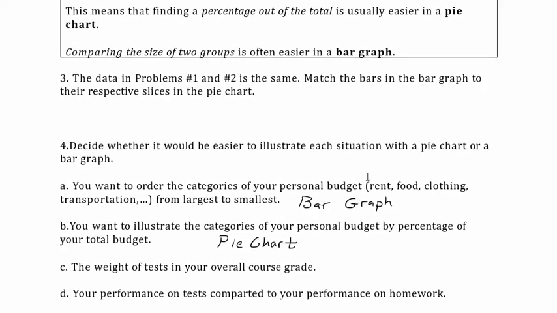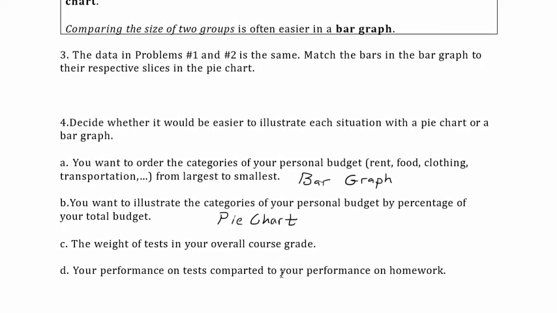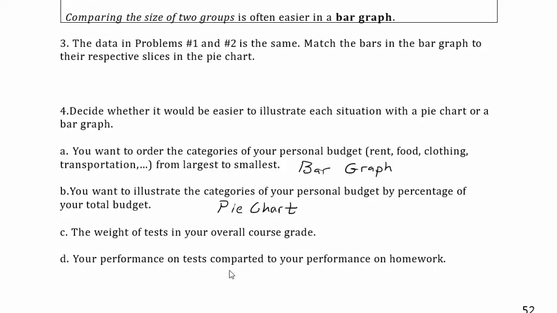C, the weight of tests in your overall course grade. So the overall course grade, that's the whole. So let's do a pie chart for this one. What that might look like is your pie chart would represent your overall course grade.